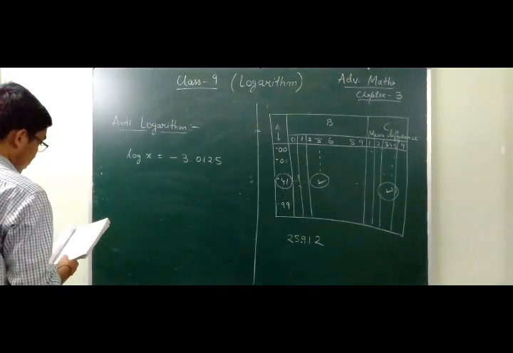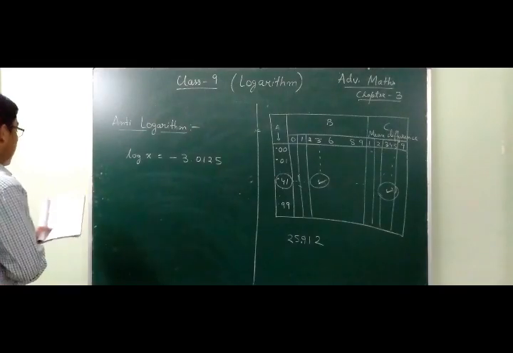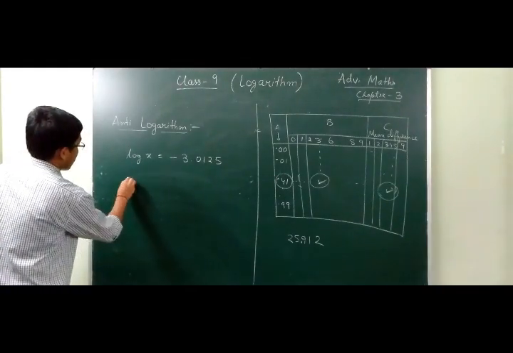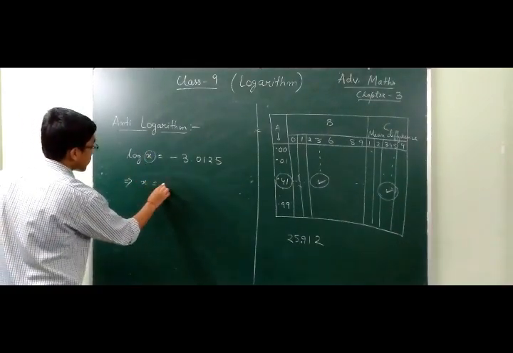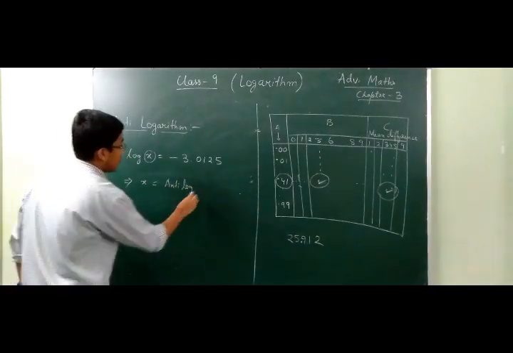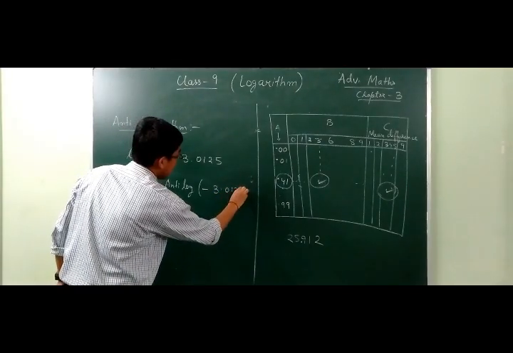If I get this, then what will happen? The question will be, what is the value of x? So x is nothing but the antilog of minus 3.0125.